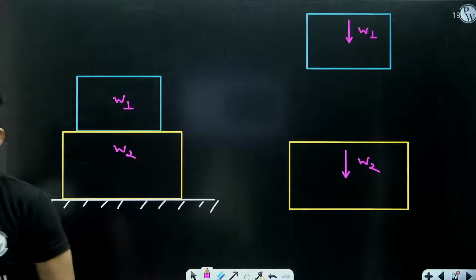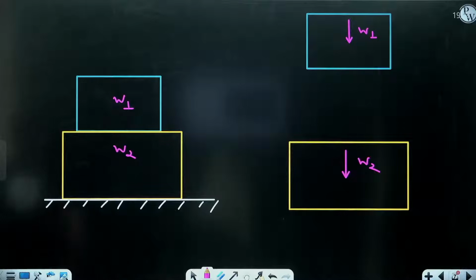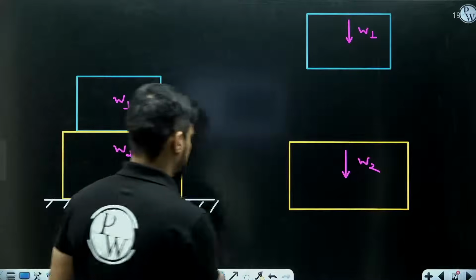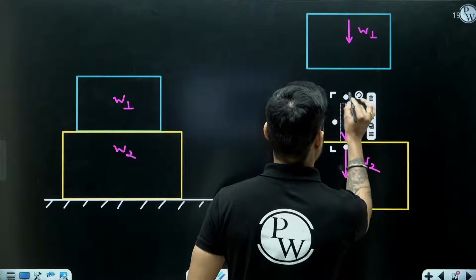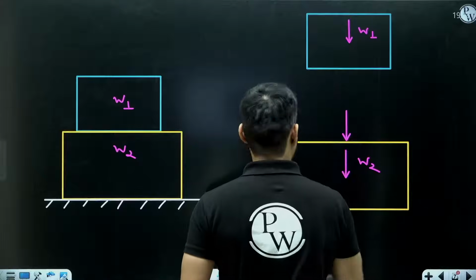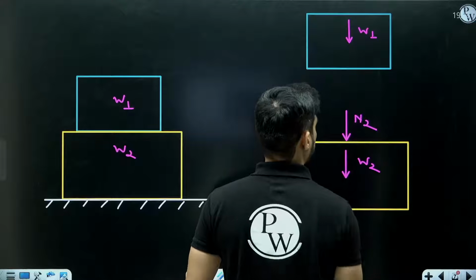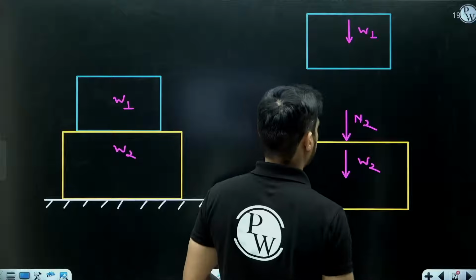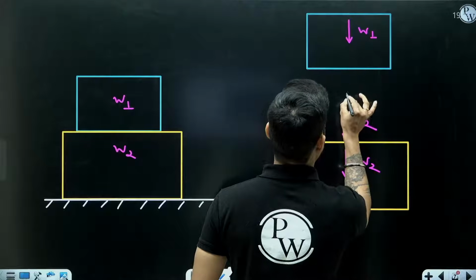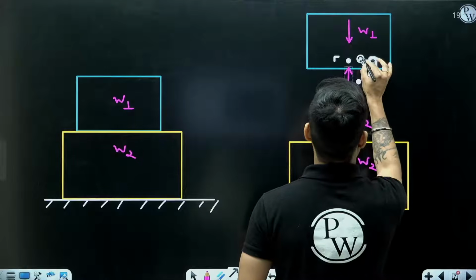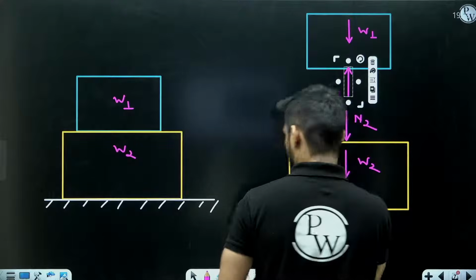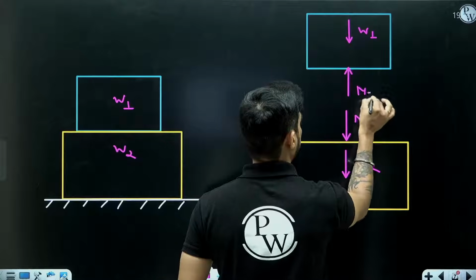How these two are interacting with each other? The blue box is applying a downward force on the yellow box. Like this. Let me call it N2. In return, the yellow box is applying equal and opposite force on the blue box. So this will be N2.